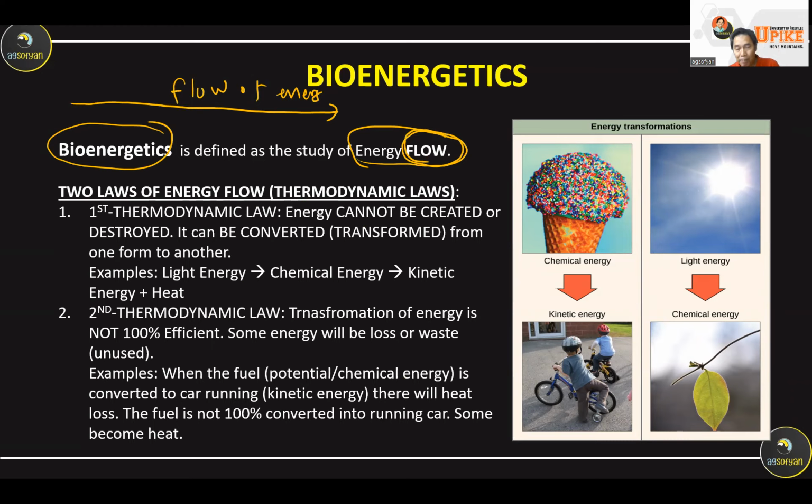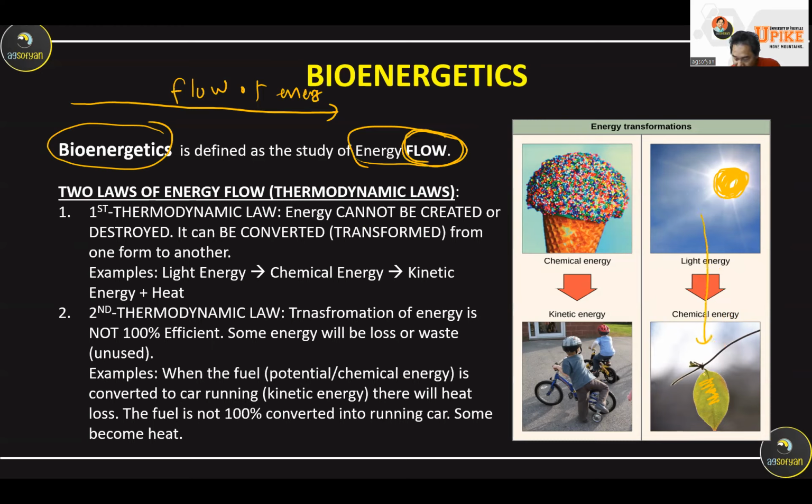For example, the main source of energy on the earth is the sunlight over here. You see the sunlight over here, and this energy, which is light energy, will be used by the chloroplasts, plants, and algae to make chemical energy. They can make it into glucose. So this is one line.